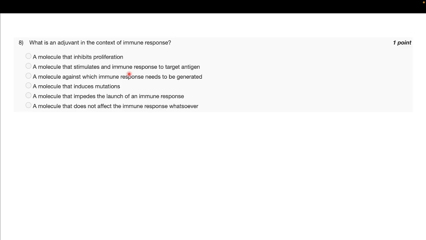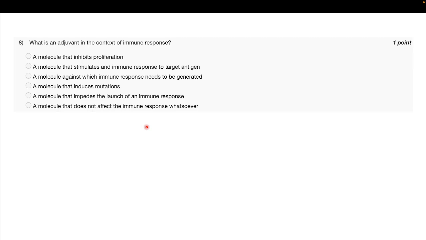Let's look at the next question. Next is, what is an adjuvant in the context of immune response? I'll wait for a few minutes for you to read the options and answer. Option 2. Okay, option 2 is a molecule that stimulates the immune response to target antigen. Thank you for answering.